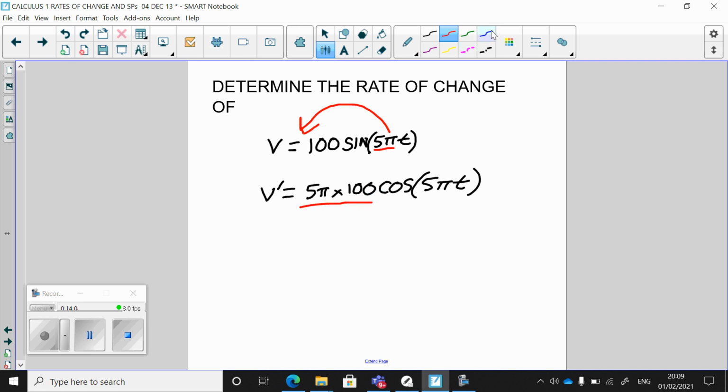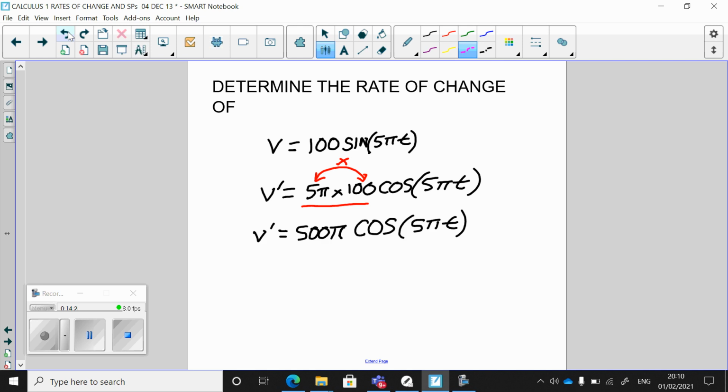And just remember that when we're differentiating, sine goes to positive cosine, and all the stuff in the bracket stays the same. Okay, then it's just going to be a matter of tidying up. 5 pi times 100, 500 pi. Still got a cosine, still got 5 pi t, and so that's just got a derivative.